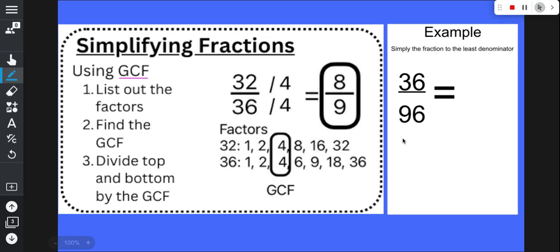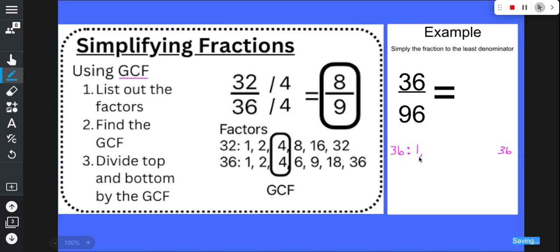Now remember, factors are two numbers that, when multiplied, get to the product of the number we're looking at. So if we're looking at 36, what two numbers multiplied together get us to 36? Well, I know 1 and 36 do.